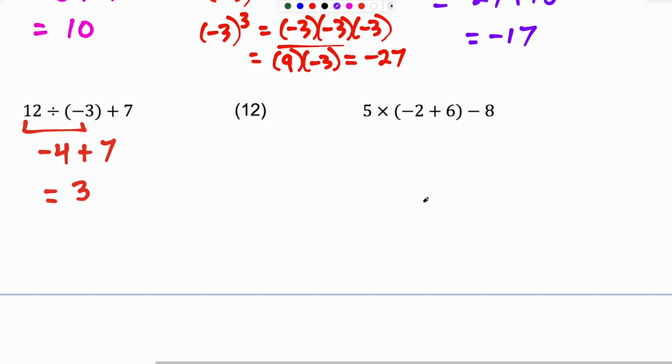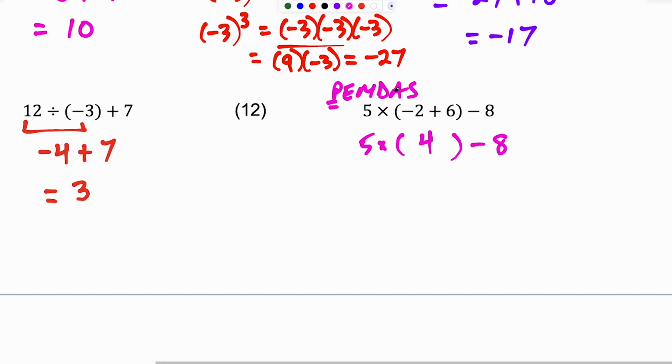So next up here, question 12, we have 5 times parentheses -2 plus 6, and then outside the parentheses -8. So for this one, once again, we are using order of operations. And first, we're going to be looking inside the parentheses. So we're going to have 5 times, and now we're doing -2 plus 6 is +4, and then the -8 is going to stay on the outside.